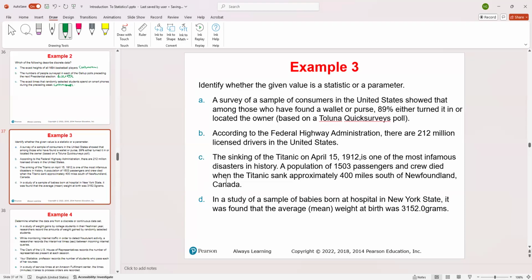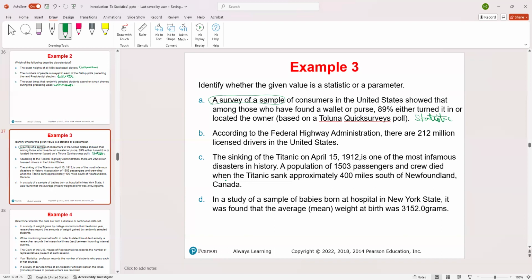A survey of a sample of consumers in the United States showed that among those who have found a wallet or purse, 89% either turn it in or locate the owner. They said a survey of a sample. So if it's a sample, then it's a statistic, right?